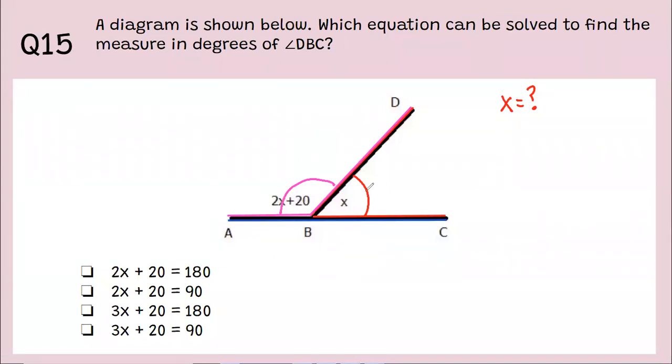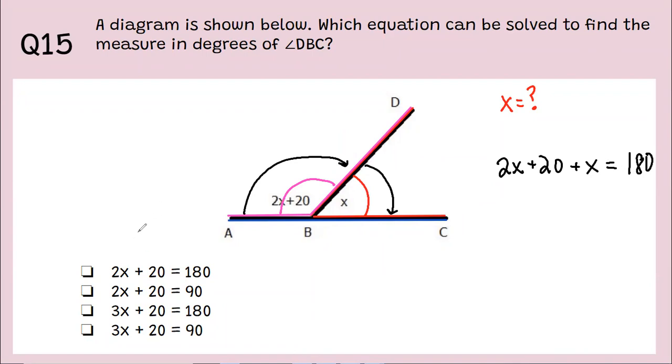And those are called supplementary angles. So what I could do is I could say, I know that 2x plus 20 plus this degree of measurement x, whatever that angle is, is going to give me a straight line, which is 180 degrees. And I'm going to look and see if that answer appears.